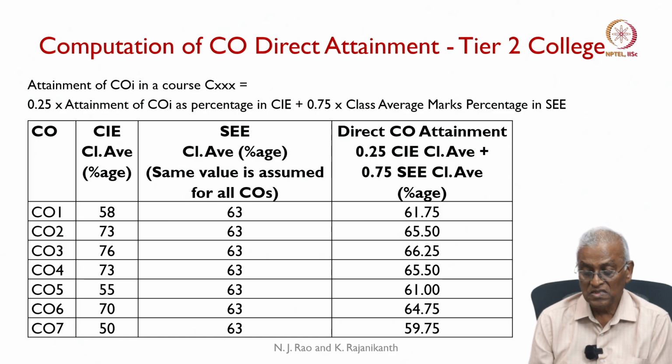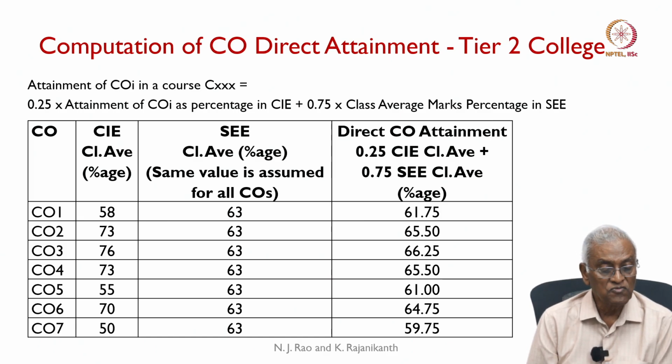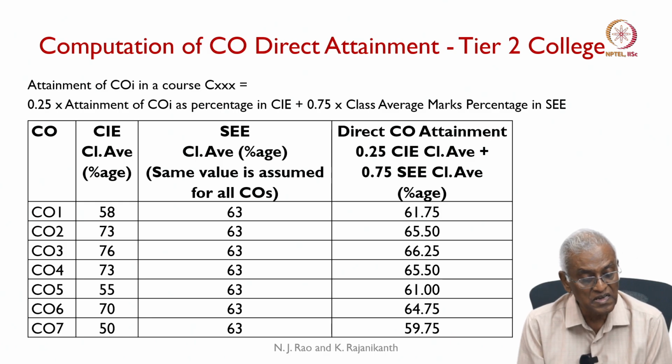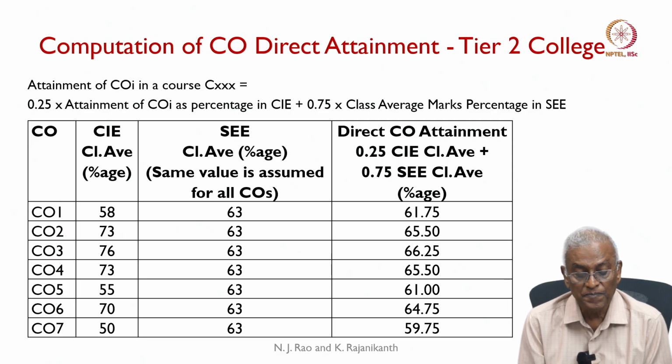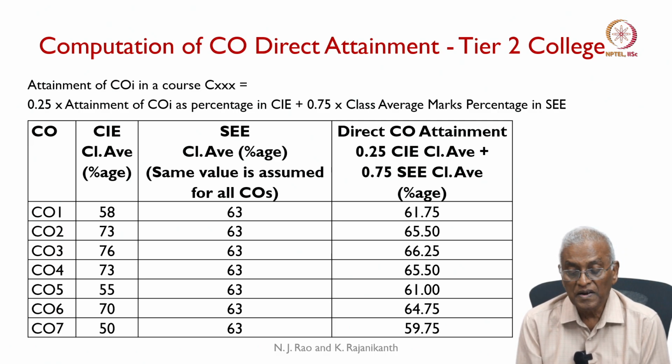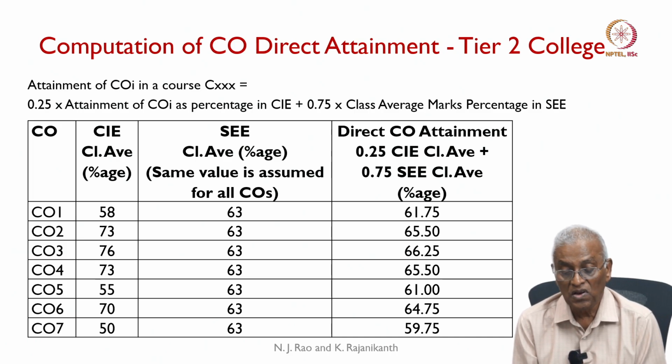So as you can see the marks, you have for CO2 for example 73, and as far as SEE is concerned, it is the same percentage, 63. I combine the two as per that formula and I get the finally direct CO attainment in a tier 2 college, these numbers.